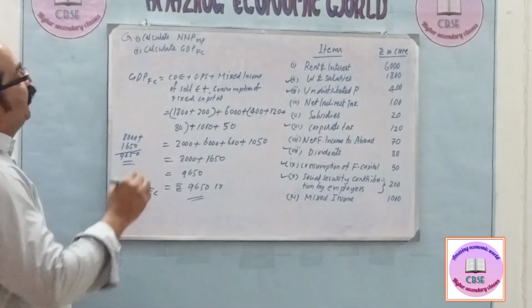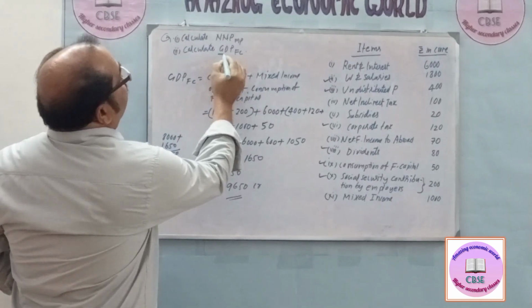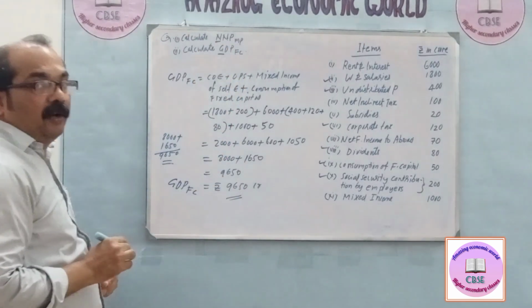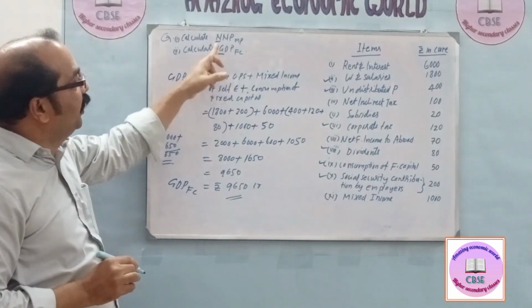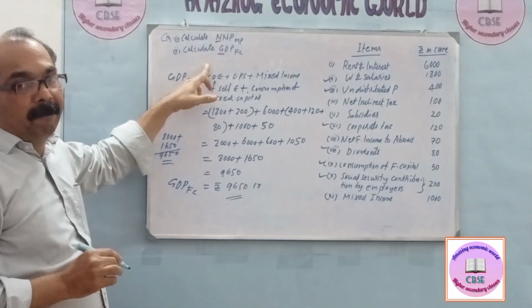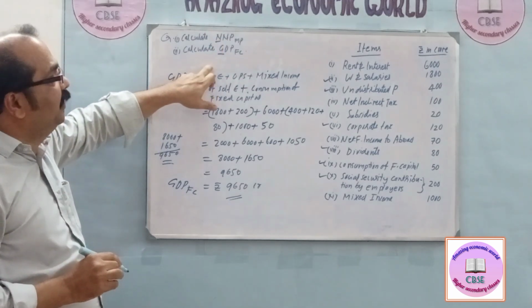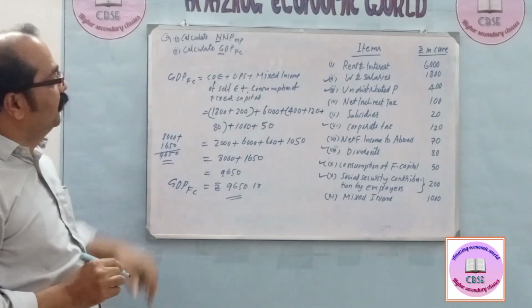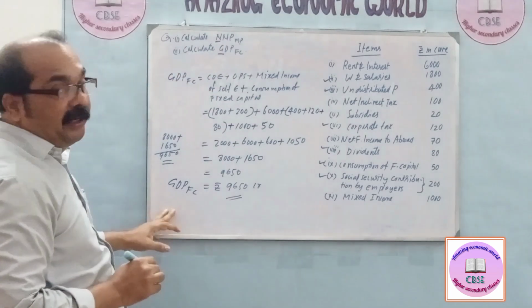First of all, we have to convert this gross into net. How can we convert gross into net? By deducting depreciation.